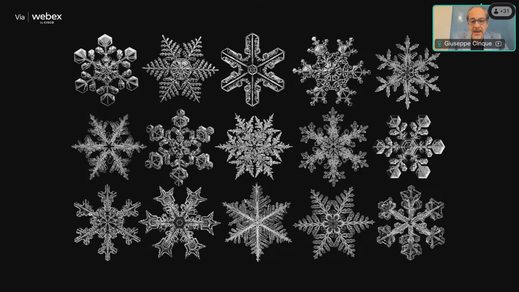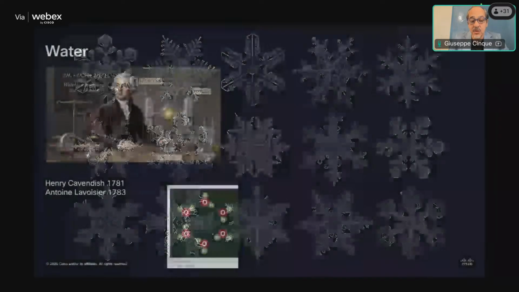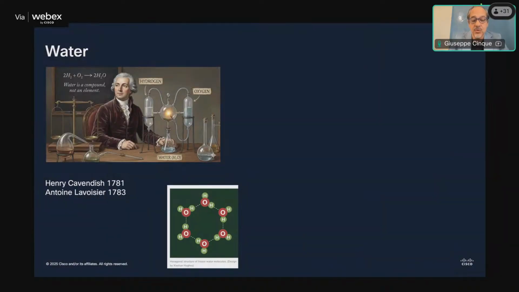And it is true, but he couldn't have the right knowledge to demonstrate that, because only a few hundred years later, with the work of Cavendish and Lavoisier, we discovered that water is not a fundamental element, but is made of two gases, right? Hydrogen and oxygen.